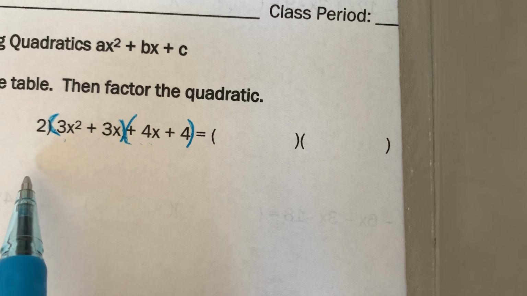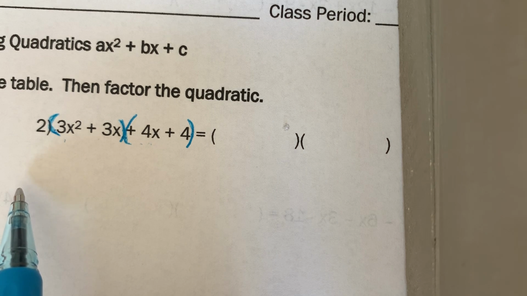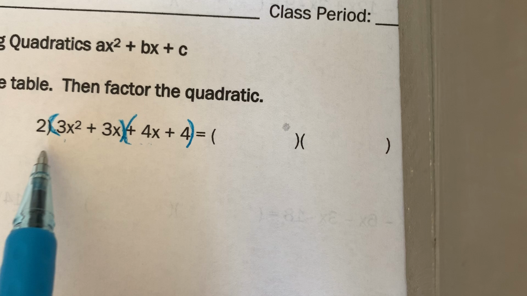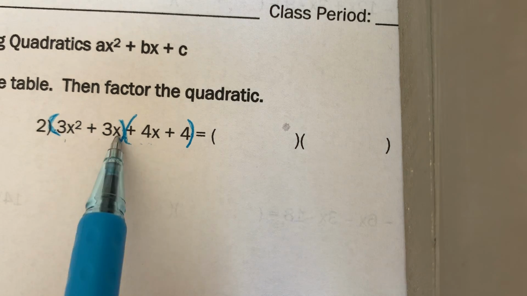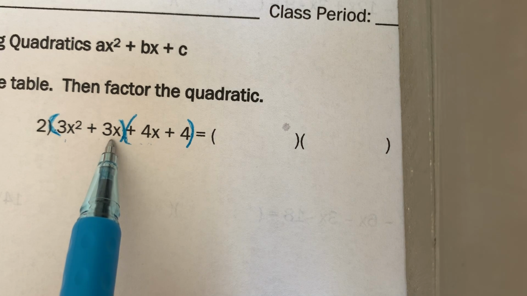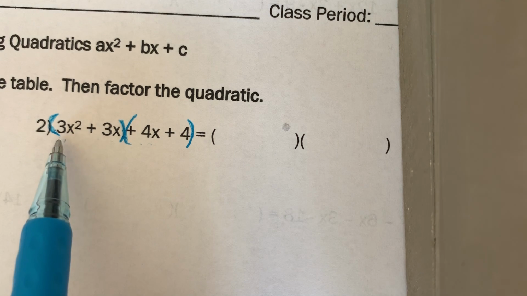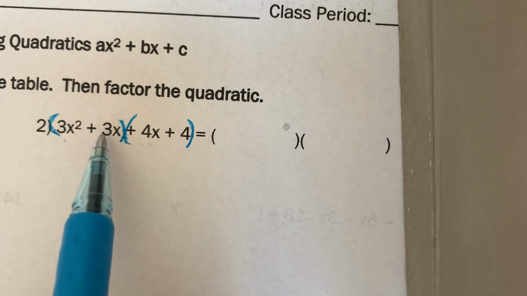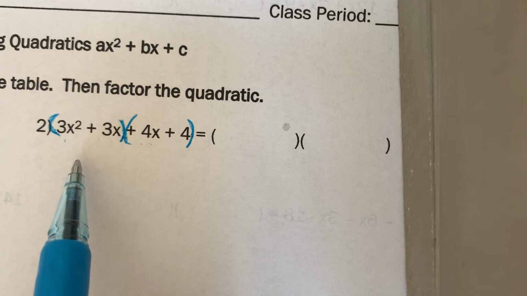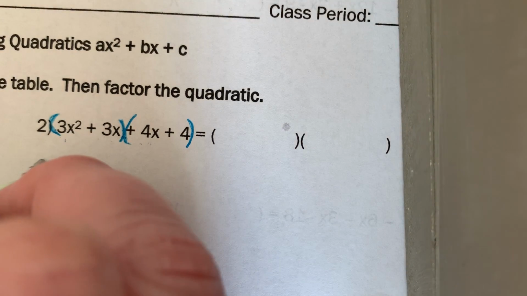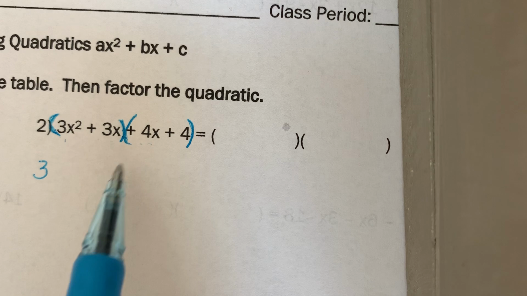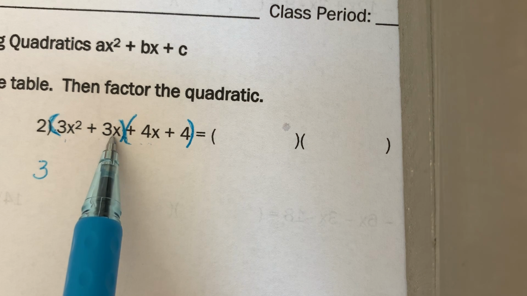So now we want to do what's called factoring out the greatest common factor. So looking at this first grouping, we have 3x squared and we have 3x. So we need to know what the greatest common factor of this is. So the greatest common factor of 3 and 3 is obviously 3. So I'm going to put this here. Now we have x squared and we have x.